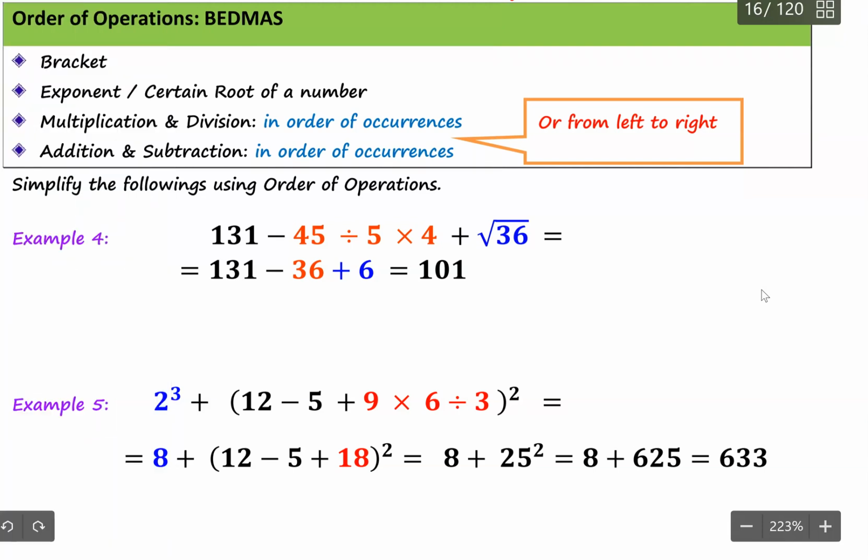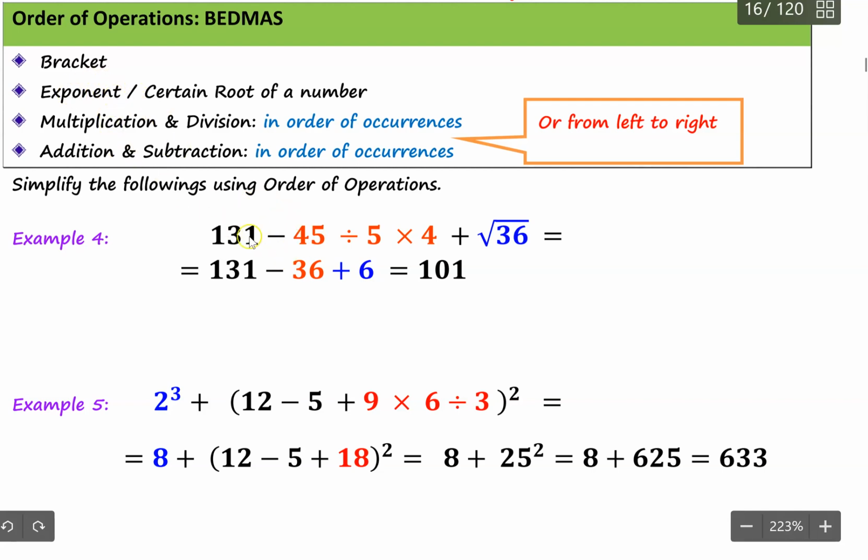In example 4, as you see, I have 131 subtract 45 divided by 5 multiplied by 4, add that with square root of 36. For the rule of BEDMAS, we need to start with brackets, but we don't have brackets. Then let's say we have exponent.